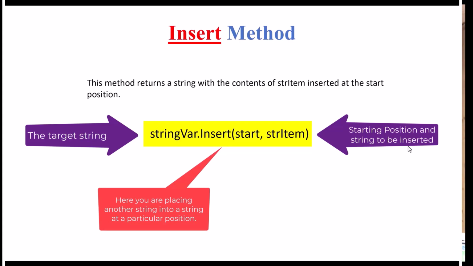So I'm going to specify 8. I want to put my middle initial right there. The str item will go in that particular position. Or maybe I want to stick an entire middle name in there. I can go ahead and do that. Put the whole item right in there at that starting position. It'll move everything out, slap the new thing in there, and you've got a brand new variable with those contents sitting in there. That's how the insert method works.